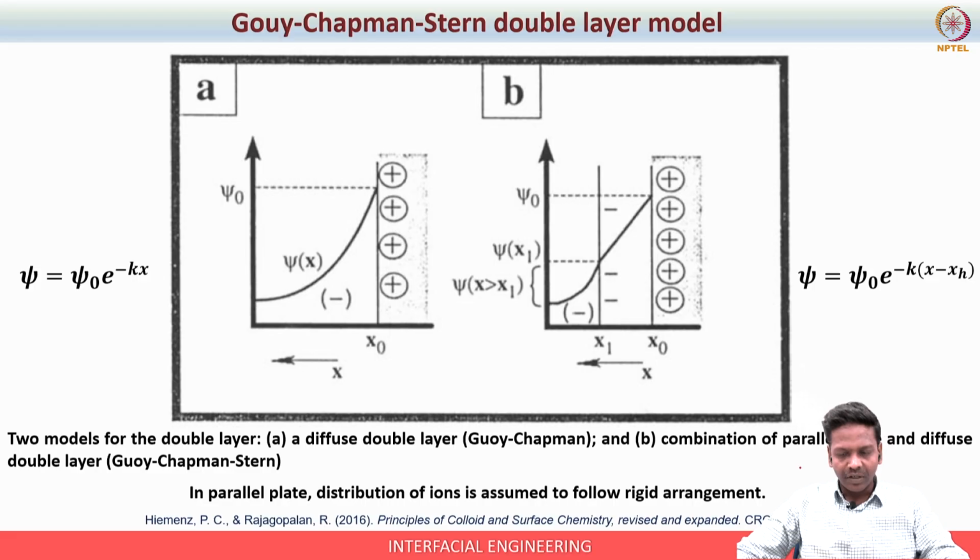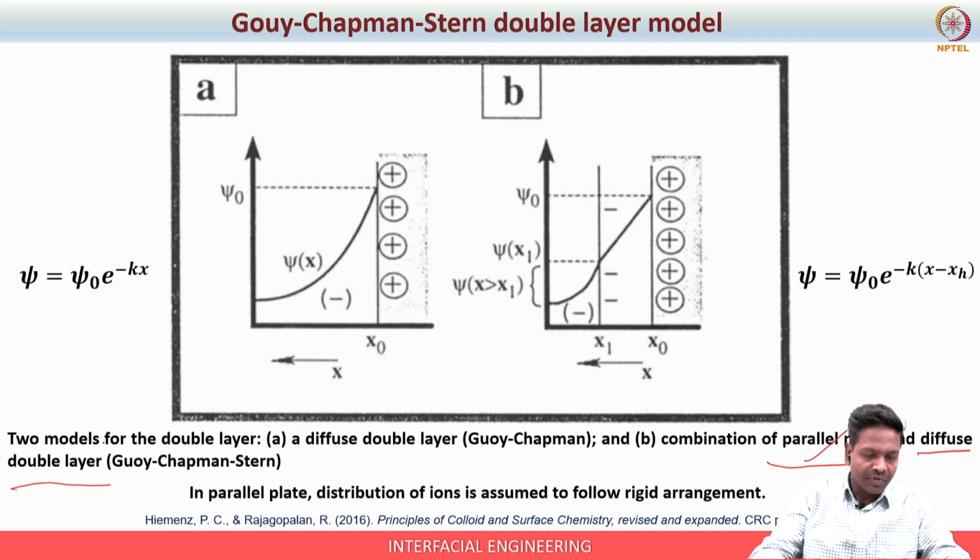What this model considers is both the parallel plate as well as the diffuse double layer assumption given by Gouy-Chapman. Because you are incorporating both assumptions, this particular model is called the Gouy-Chapman-Stern model. Gouy-Chapman considers only the diffuse counterions, whereas the combination of Gouy-Chapman and Stern considers that there exists a strongly bound counterion layer right after the charged surface, followed by the diffuse layer.